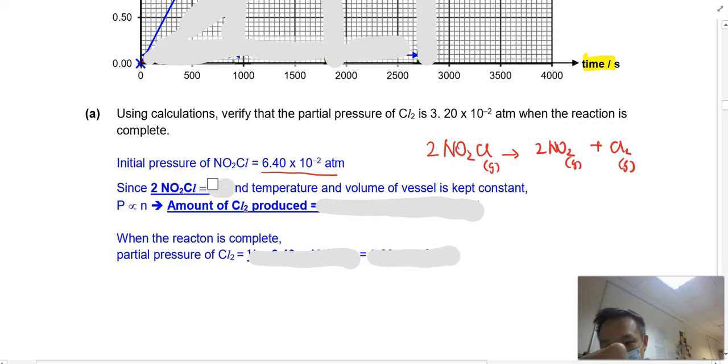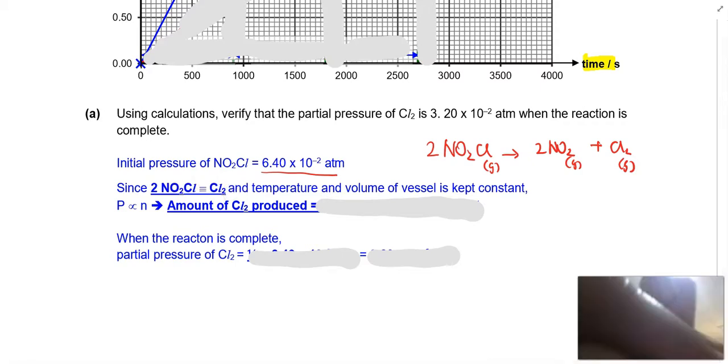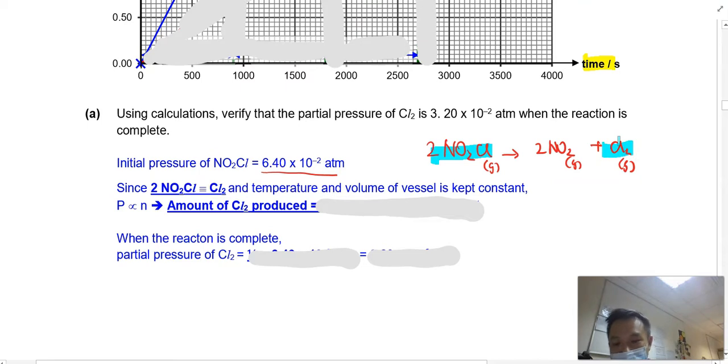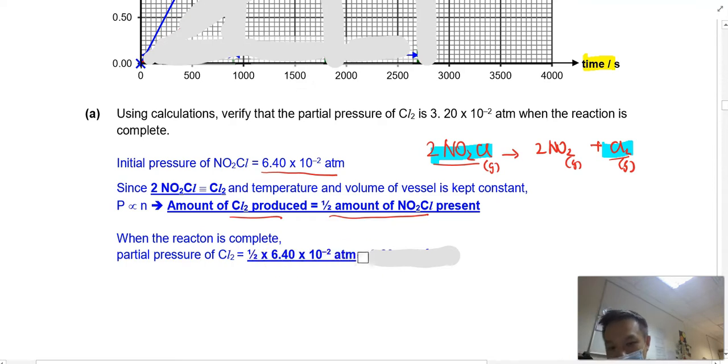So since the mole ratio is 2:1, and given volume is kept constant, pressure is proportional to the number of moles. The amount of Cl2 produced will therefore be half the amount of NO2Cl present, because every 2 moles produces 1 mole. As a result, the partial pressure of Cl2 will be half the partial pressure of NO2Cl initially.